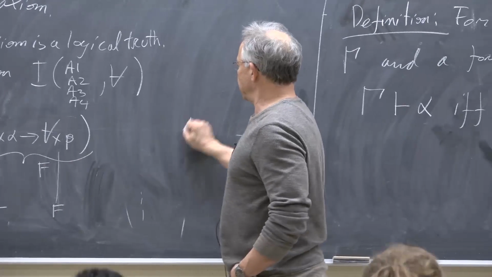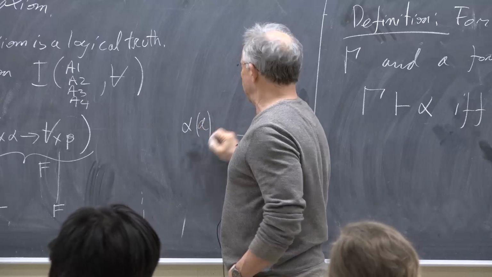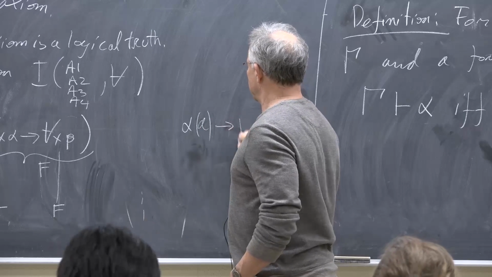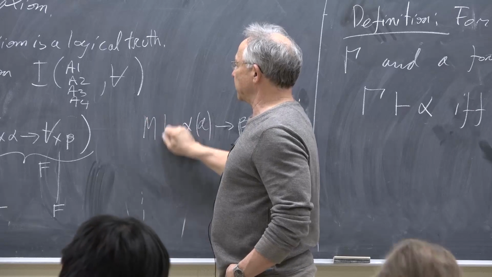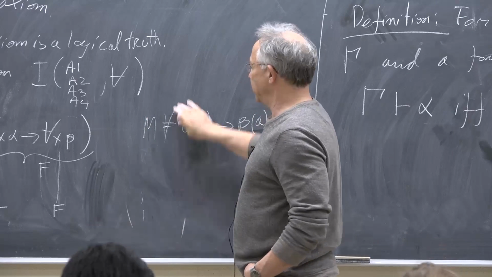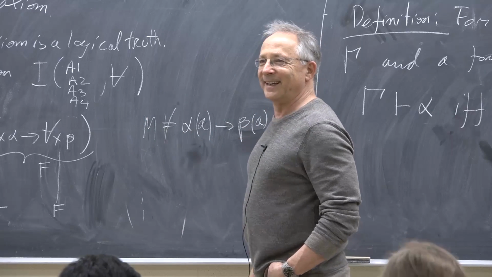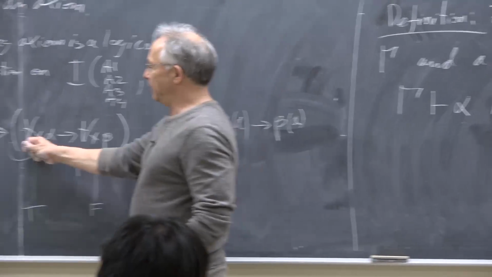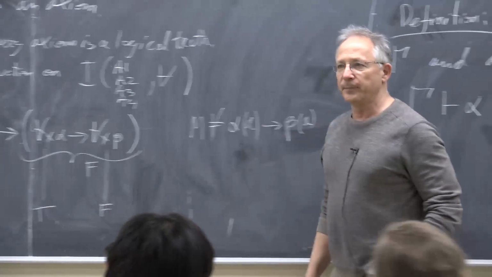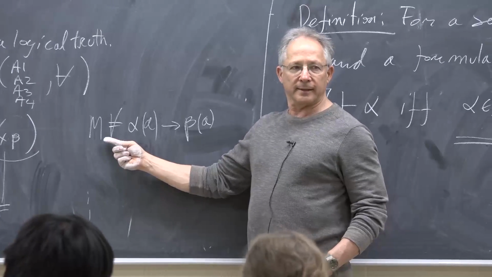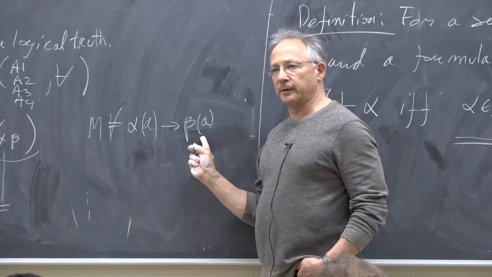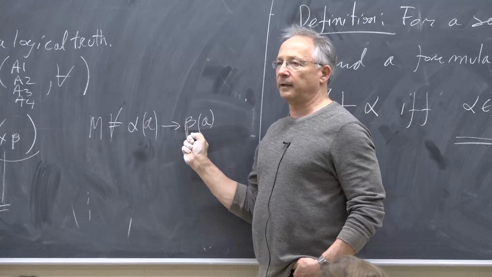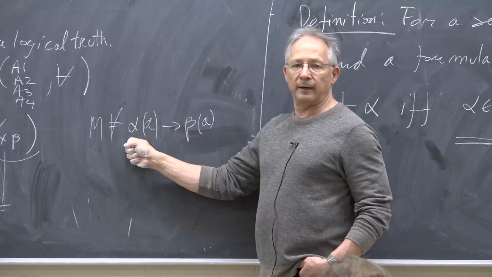So what happens in this structure to alpha of A arrows beta of A? If I have a structure, I already gave you the answer. If I have a structure in which this is true and this is false, then in that structure there is some A such that this implication is false. There is some A for which beta is false, and for all A alpha is true.